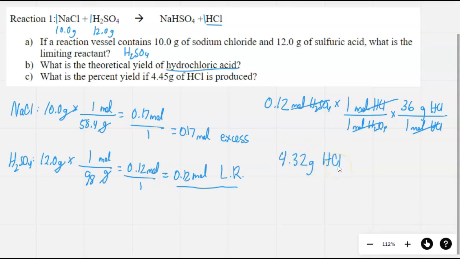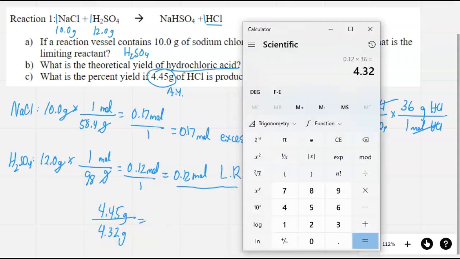That's my theoretical yield. Something strange happened, though, in my percent yield. I actually wind up with more HCl than I was expecting, so something must have been contaminated to make me think that I had more. So I'm still going to take my actual yield divided by my theoretical yield. So 4.45 grams divided by 4.32 grams. And I'm going to get a number over 100%, which is still something possible in the chem lab.